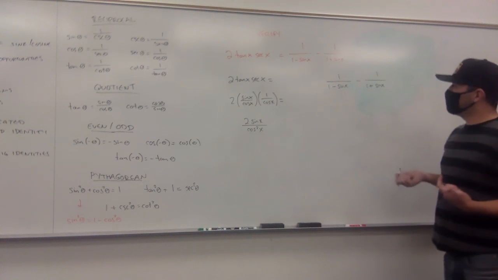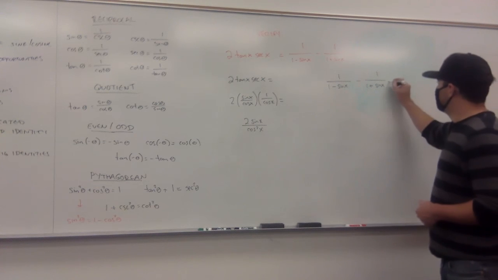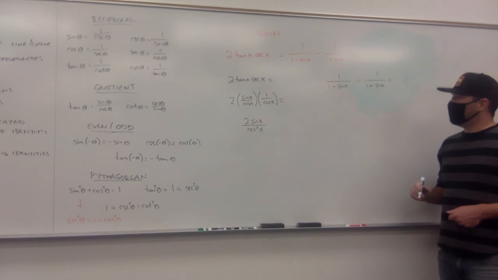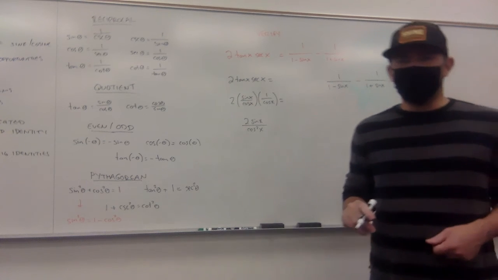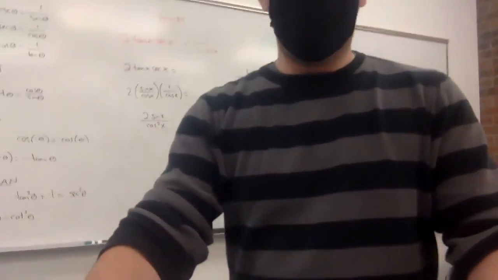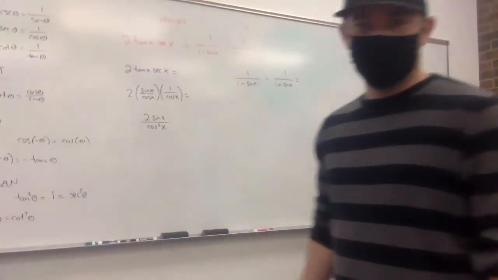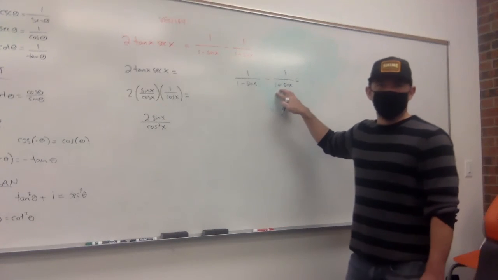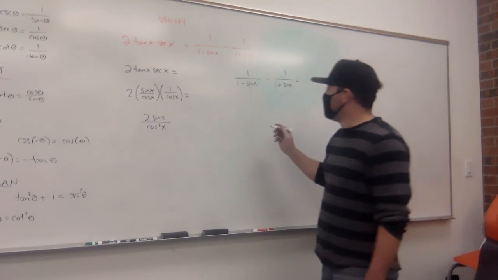And there are 2 reasons why I'm going to do what I do next. One reason is just to create a common denominator so that we can add these 2 fractions together. The other thing that I'm doing here is I'm choosing to multiply by the conjugate of each one of these terms. So if the expression in the denominator is 1 plus sine x, I'm going to multiply by 1 minus sine x, and you'll see how that helps here.